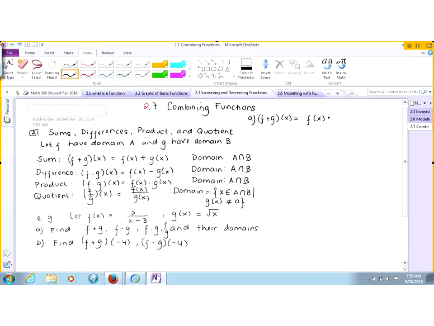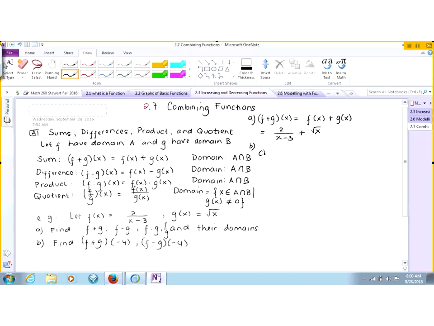So this is F of X plus G of X. So F of X is 2 over X minus 3 plus G of X is square root of X. So can we combine this? Not really. So we could just leave it the way it is, right? Now what about the minus? Same thing, right?